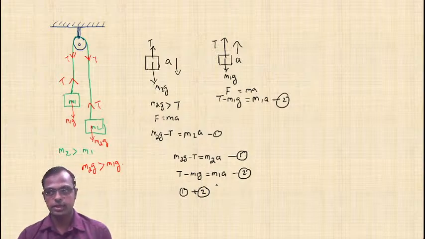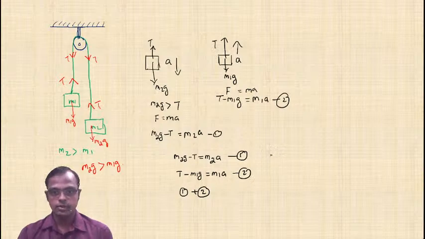Okay, let me write this one. If you add equation number 1 and 2, the left side becomes M2G minus M1G, because tension will cancel here, minus T plus T, is equal to M1 plus M2 into A.